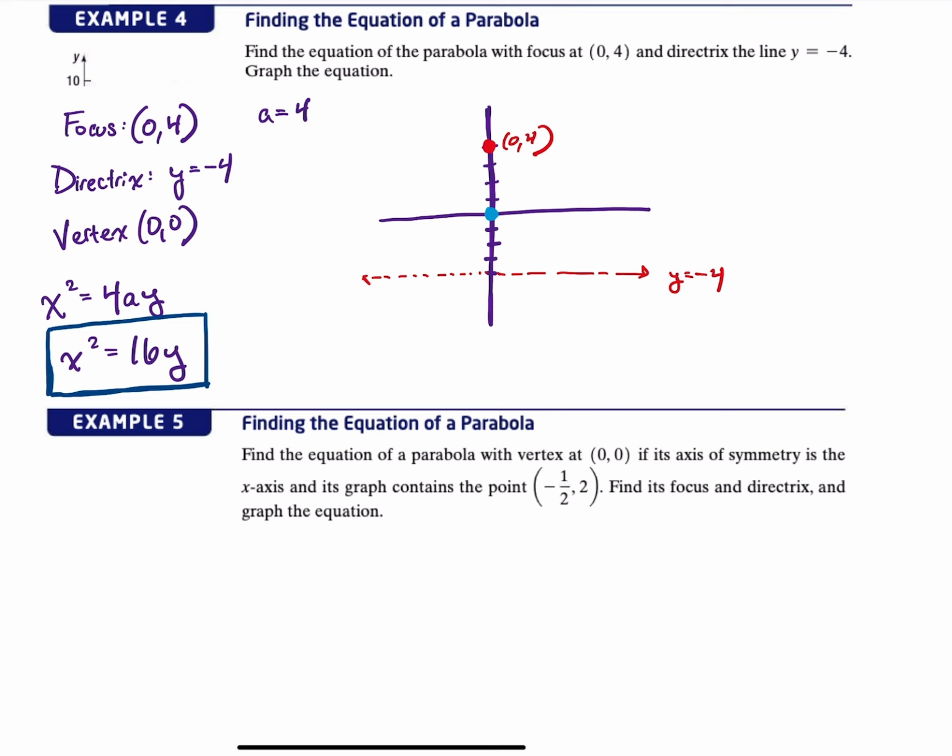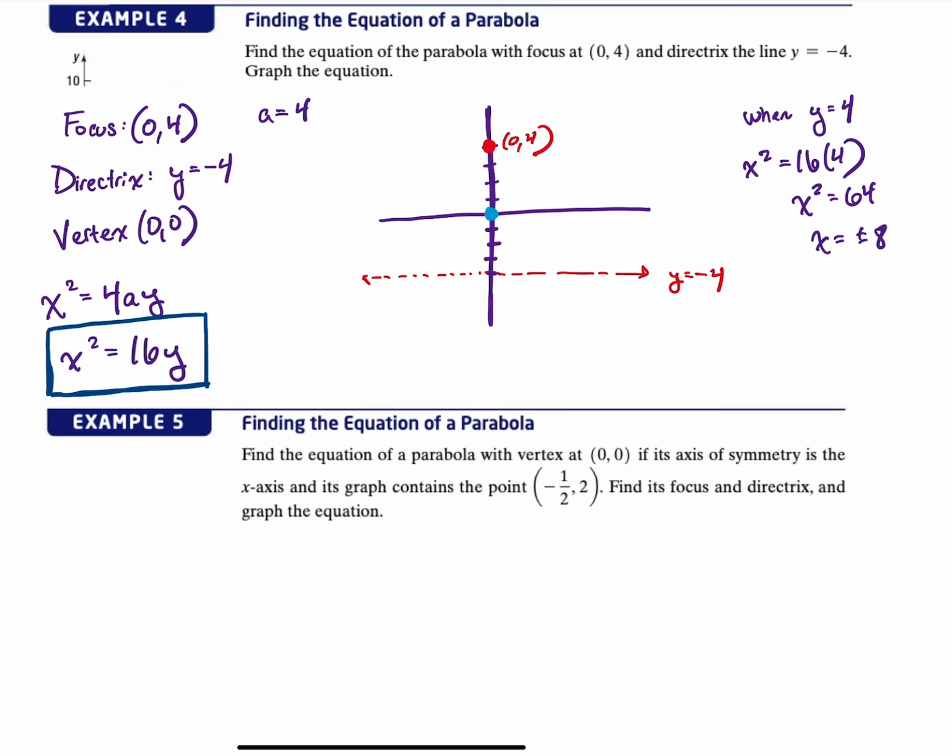Let's get our additional points. So based on the focus point, we have a y value of 4. So I can say when y equals positive 4, then x squared would equal 16 times 4. 16 times 4 is 64, which is 8 squared. That means x is plus or minus 8.